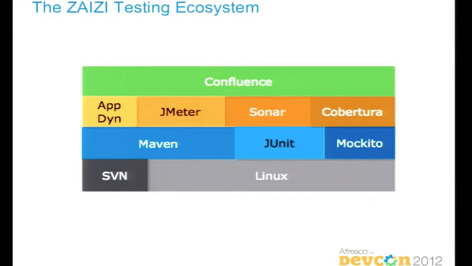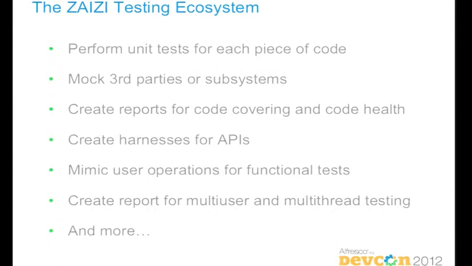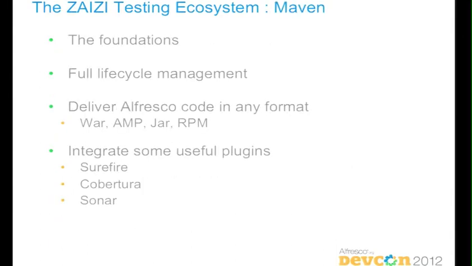Now I'm going to describe a bit, because we don't have too much time, every component that we have in this diagram. Okay, we have Maven. I think that in our ecosystem, Maven is the foundation because it allows us to build several things on top.